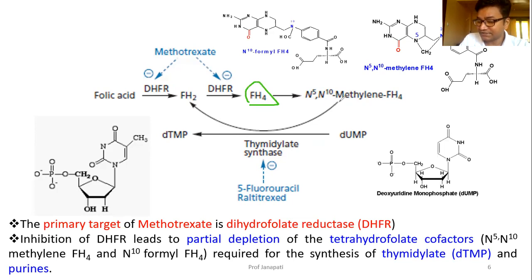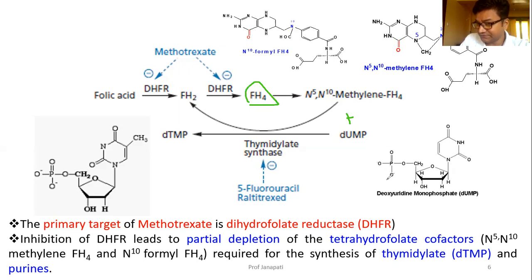During this, this N5N10 methylene FH4 is converted back to FH2. At the same time, it will react with deoxyuridine monophosphate. This is the structure: a uracil derivative, ribose sugar and phosphate.